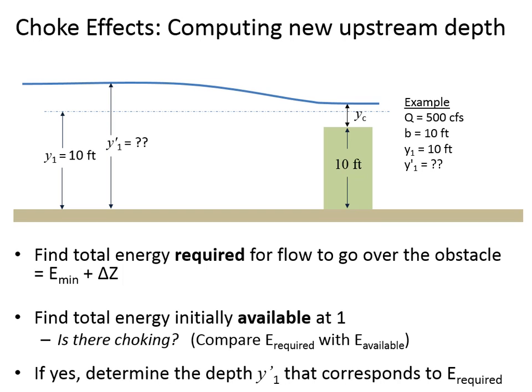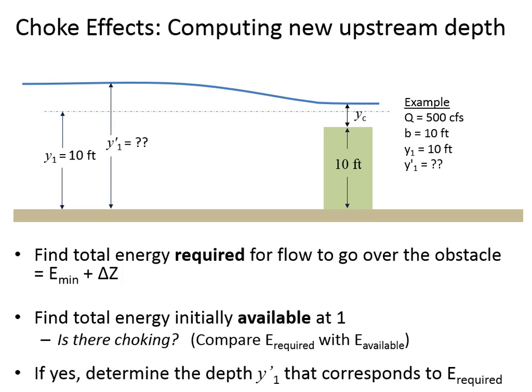What we'll say is that the E required is going to be equal to y prime of 1 plus q squared divided by 2g y prime of 1 squared.